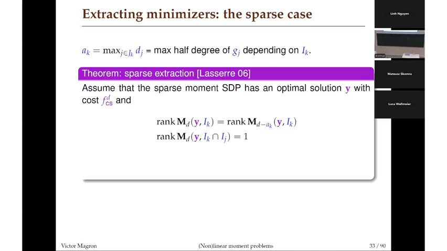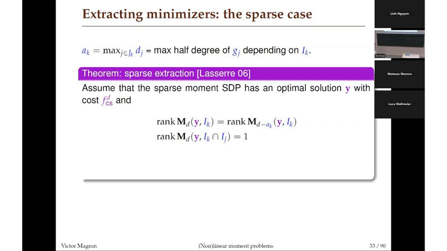And you also need this very strong assumption that if you take the common part of 2 subsystems, then the rank of the resulting moment matrix has to be 1. So why is that? Because if you run the extraction algorithm on every subsystem, then you will get some minimizers that are maybe not minimizers of your problem, where you have access only to the coordinates of each subsystem.